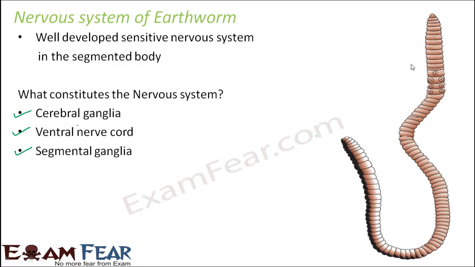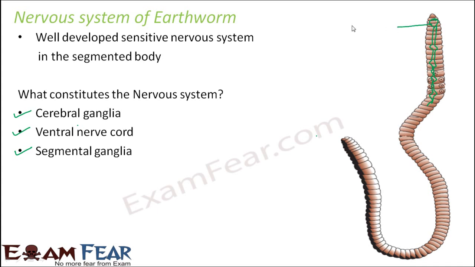When you look at the body of the earthworm, the cerebral ganglia is located somewhere here, like this. And then throughout the body, you have a nerve cord, the ventral nerve cord, somewhere like this.